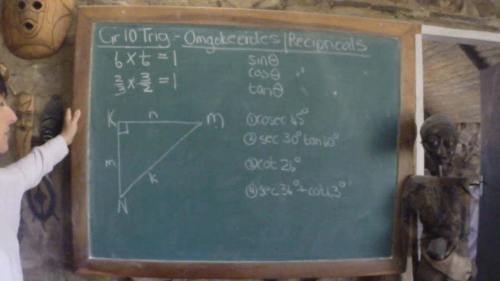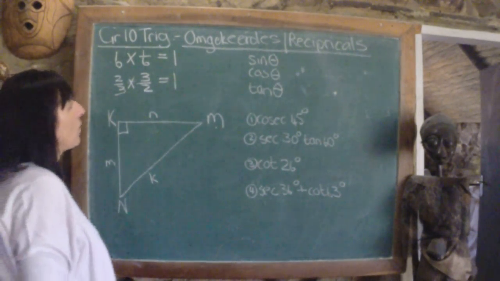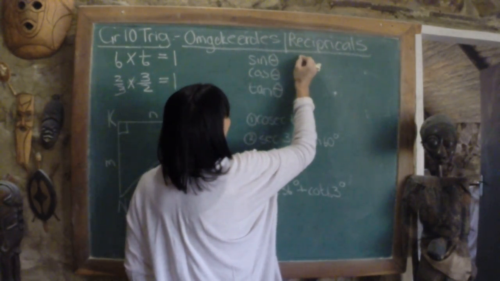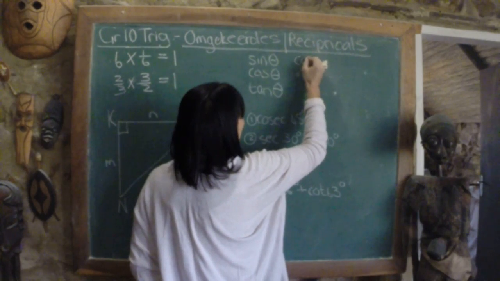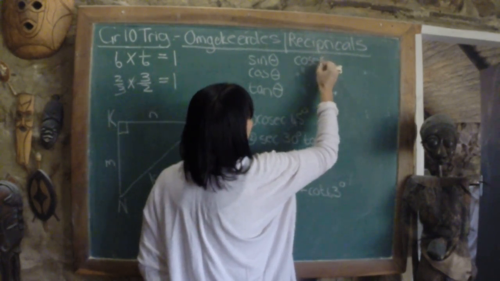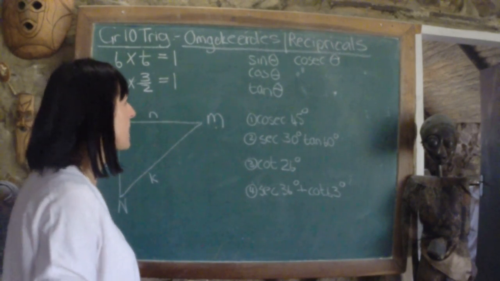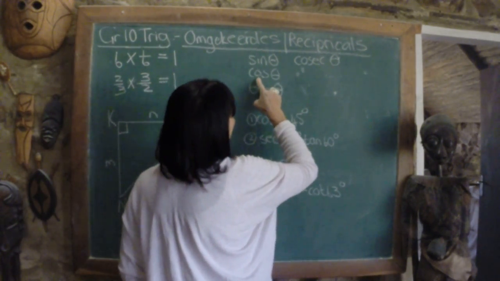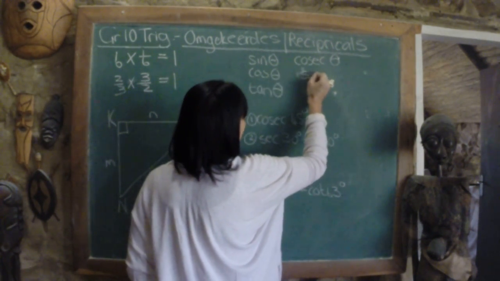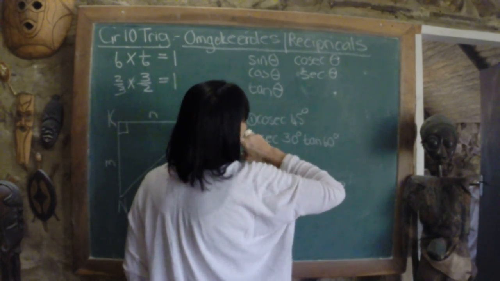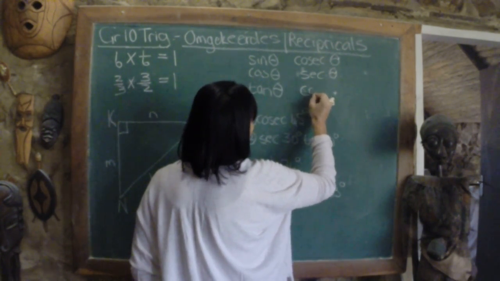Dit is die omgekeerdes. So as ons gaan kyk na die omgekeerdes van sin, cos en tan, is die omgekeerde van sin cosec theta. The reciprocal of the sin is cosec. Die omgekeerde van cos is sec. And the reciprocal of tan equals cot.